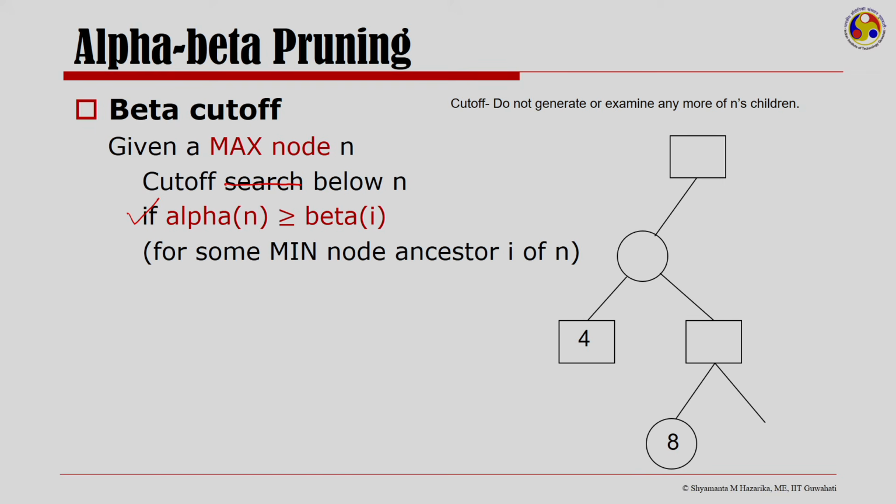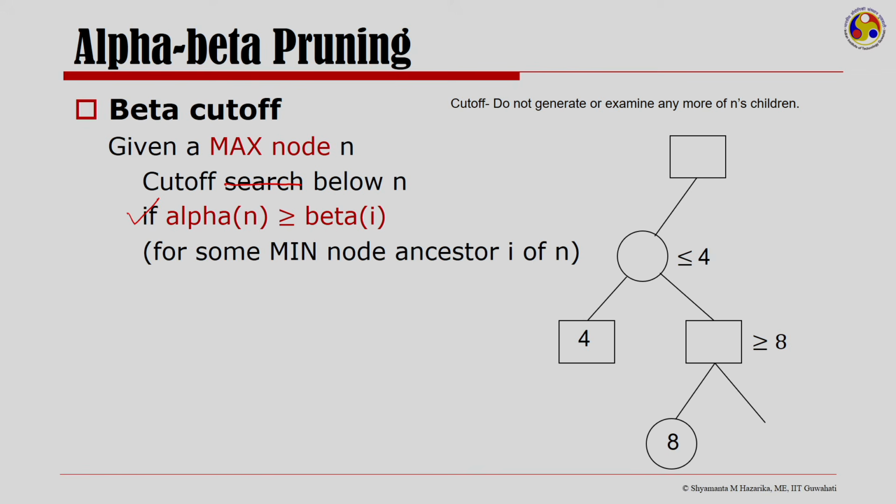So let's take some values for the leaf nodes as shown, 4 and 8 there. Because this is a min node and this is a max node, the value of this node will be greater than or equal to 8, whereas this one will be less than or equal to 4.